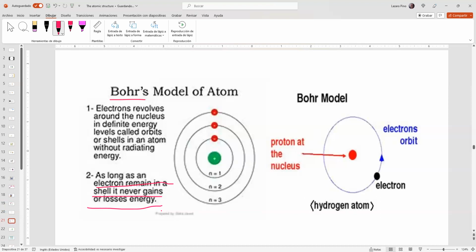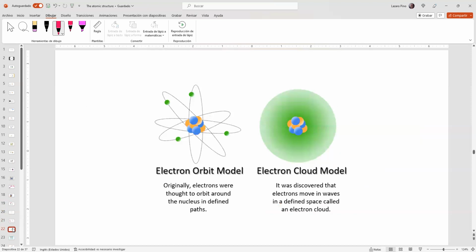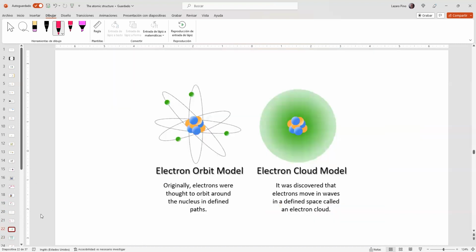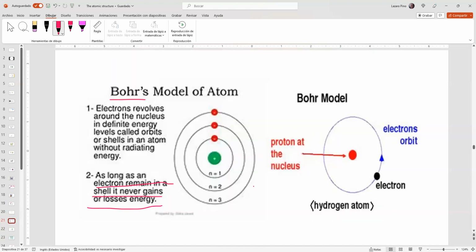Well, it's a good idea, but in order to explain that, he quantified the energy of the different levels using the atom of hydrogen. And he got an equation in order to quantify the levels of energy.